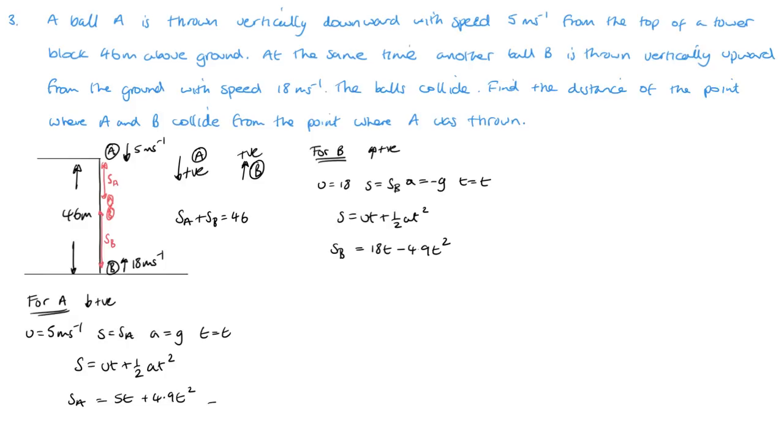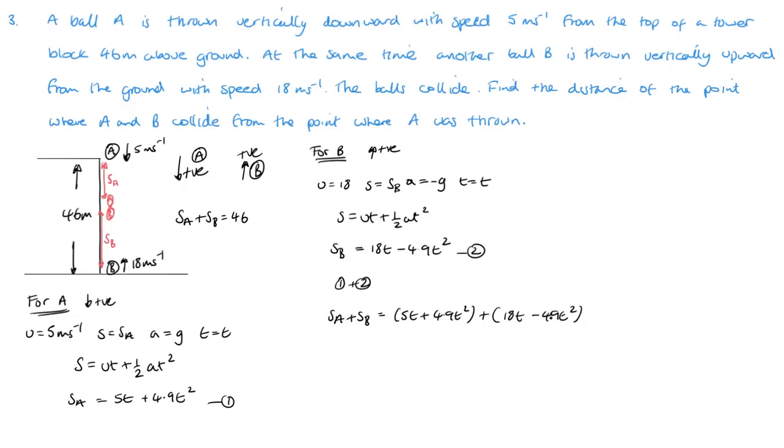Okay, now what I can do is take 1 and 2, and I can effectively equate the t's, or because I've got t squareds in both, it's hard to make it t equals in this case, but if I add the two together, so if I add 1 and 2, on the left I'd get SA plus SB equals, and then it's 5t plus 4.9t squared plus 18t minus 4.9t squared.